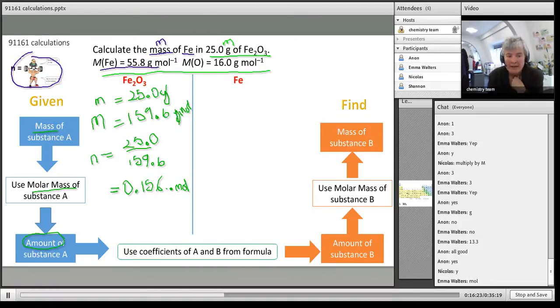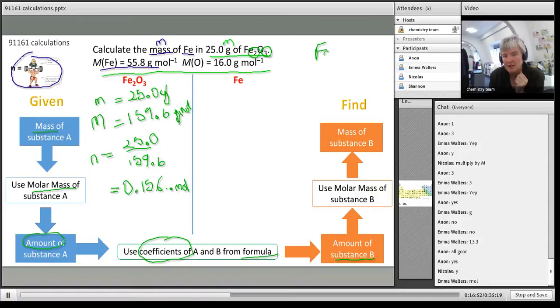Okay, now to go from substance A to substance B, I have to use the coefficients. If you're given an equation, it'll be the numbers in front of the substances in the equation. If you get given a formula, you have to look at these little subscript numbers in there. So it's looking quite messy, so I'm going to write it up here again.